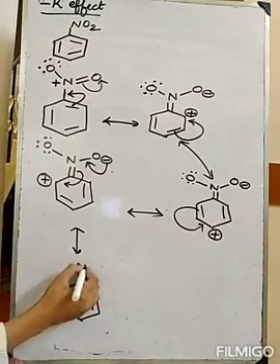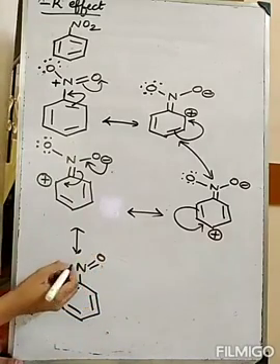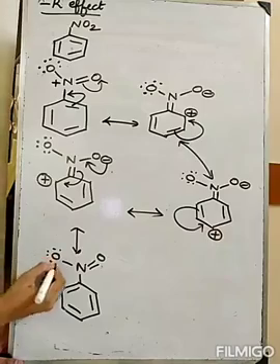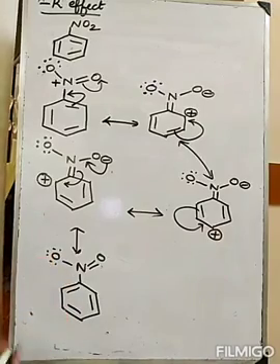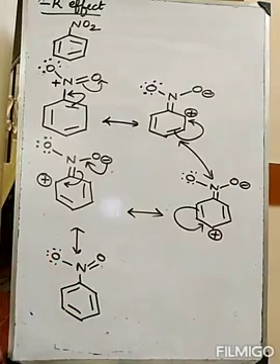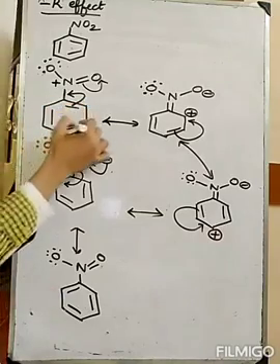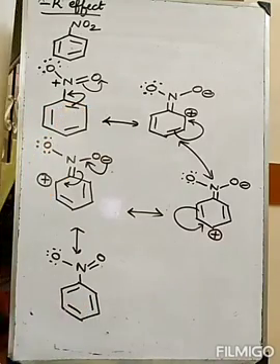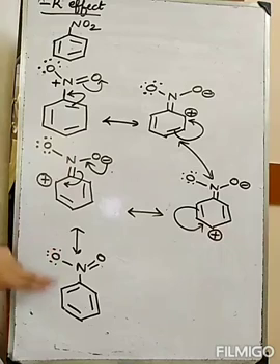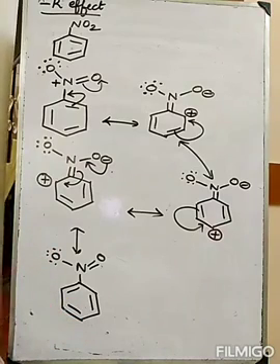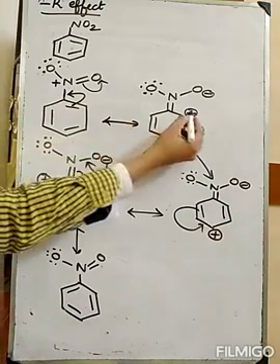Understood? No need, let it be like that. Okay, so you can see here the bond is like this and here the bond is like this. In the previous thing also the bond will be opposite. In the previous thing the ring will get negative charge.